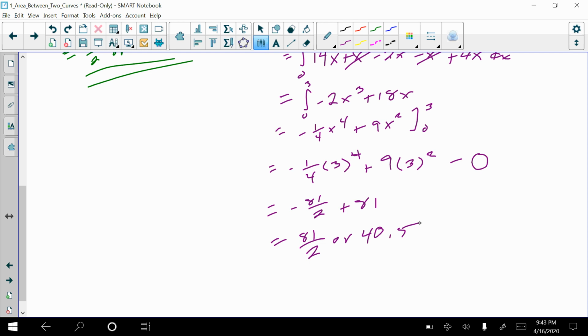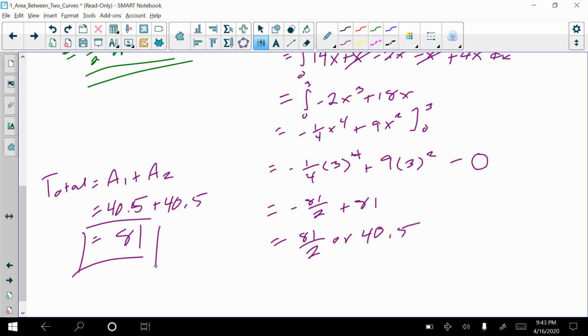So the total area is going to be the first area plus the second overlapping area, which in this case will be 40.5 plus 40.5, which gives us a total accumulation of 81.